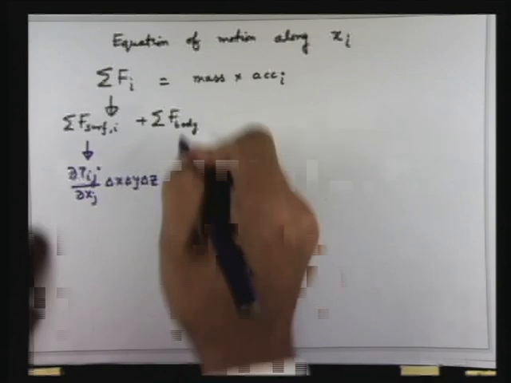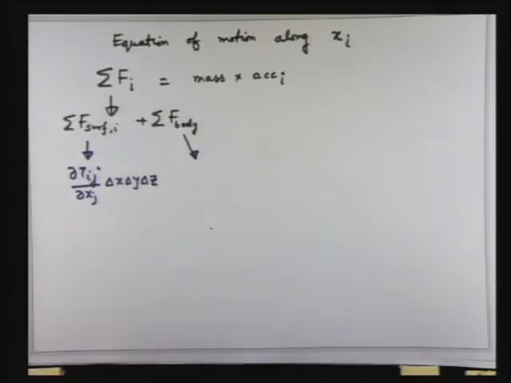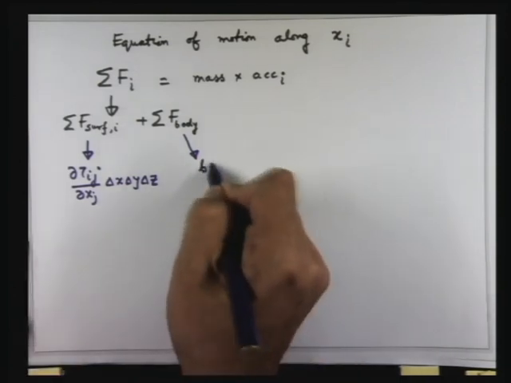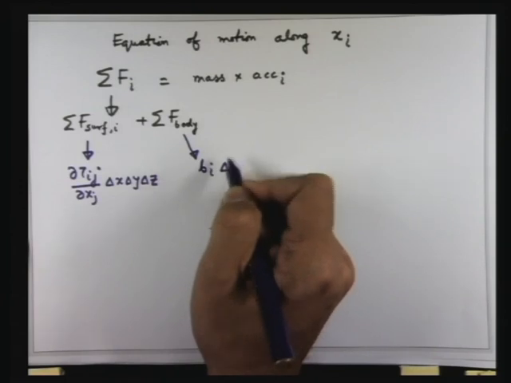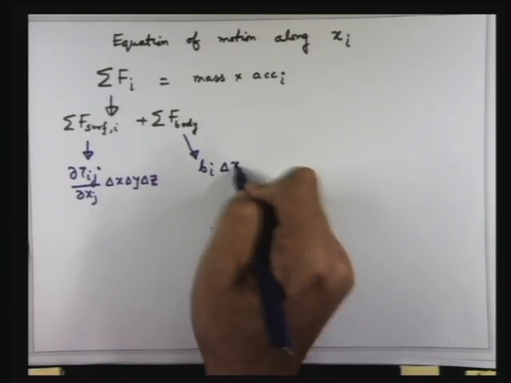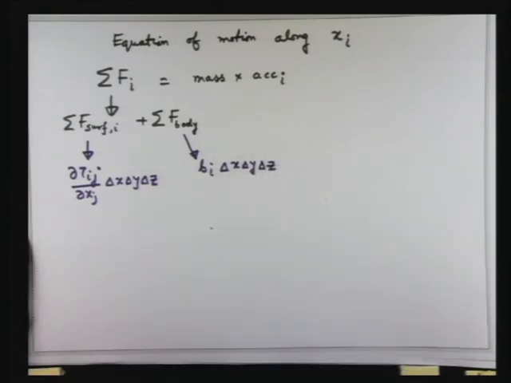What is the body force? Let us say that Bi is the body force along i per unit volume. So this is body force per unit volume.